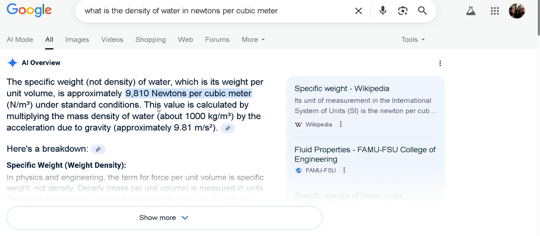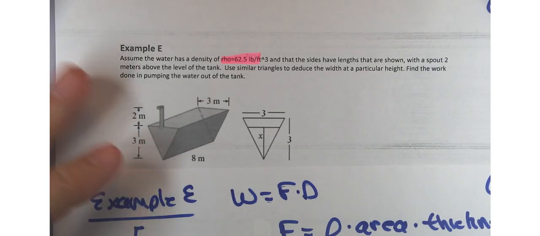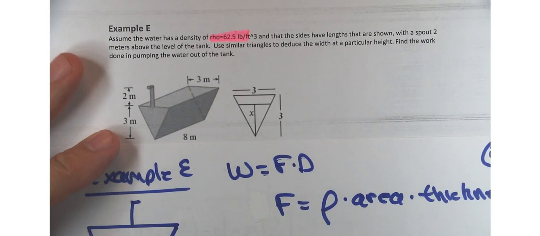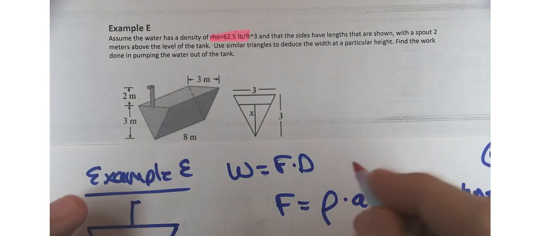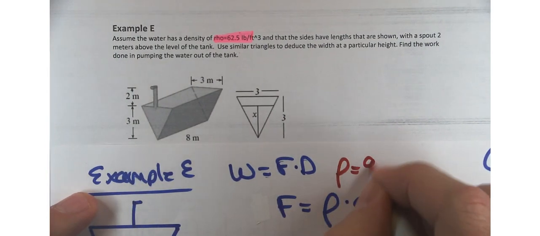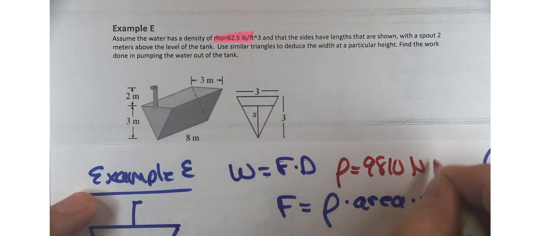I said 9,800. They got 9,810 newtons per cubic meter. So we'll make that change there. So let's write down density is 9,810 newtons per meter cube.